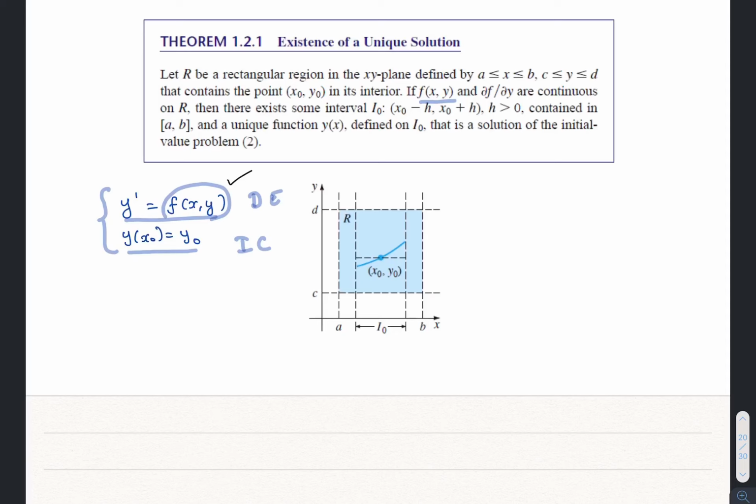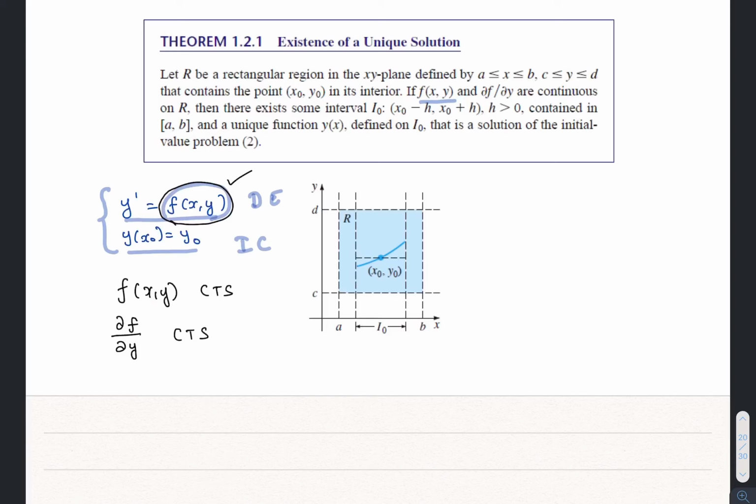Number two, the partial derivative of f with respect to y, not with respect to x, is also continuous. So f by itself is a continuous function, and the partial derivative of f with respect to y is also continuous on any region, on any interval.